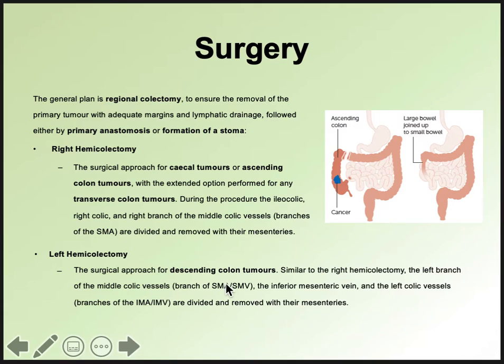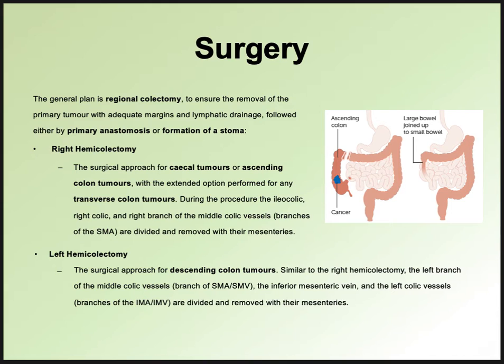With the right and left hemicolectomy, there are certain vessels and lymph supply which will have to be removed alongside the area where the tumor has affected the colon. So for the right hemicolectomy, the ileocolic, right branch of the middle colic are divided and removed with their mesenteries.